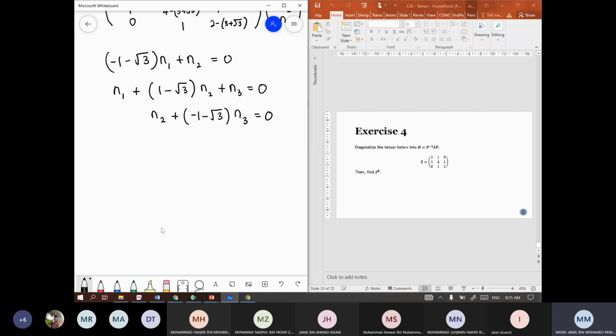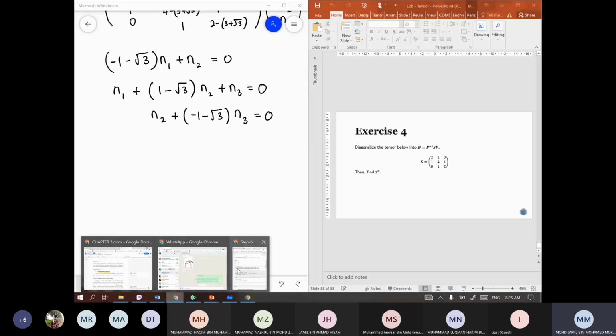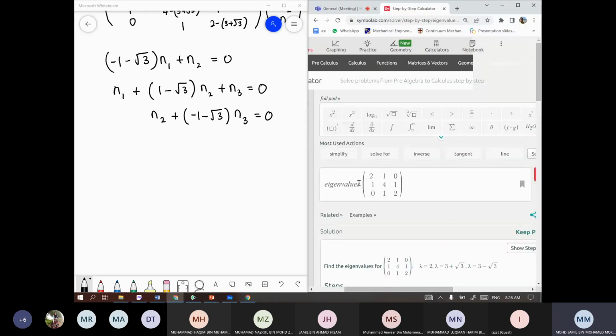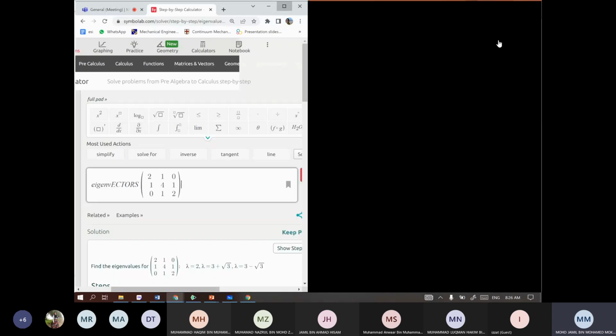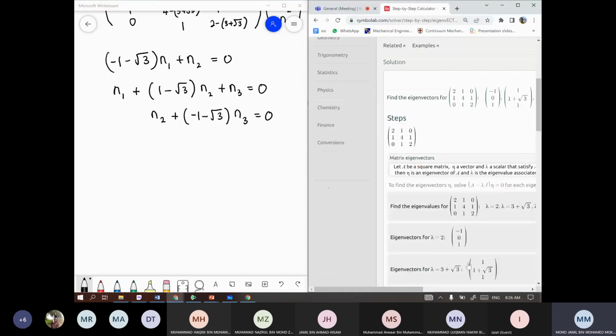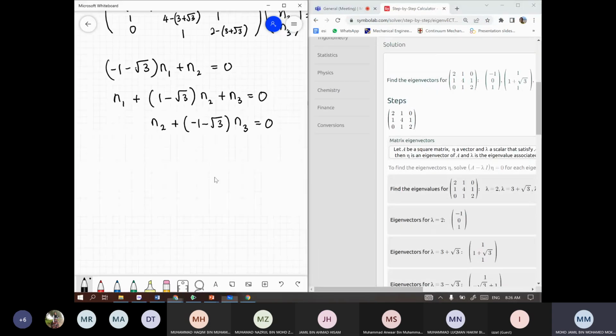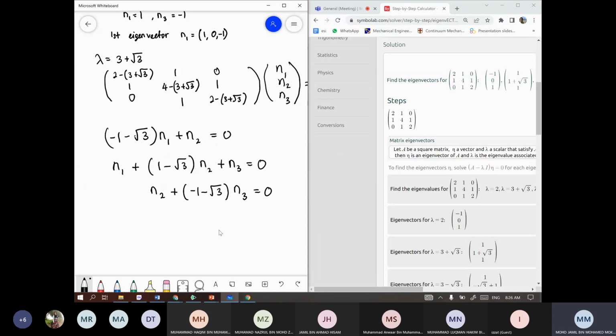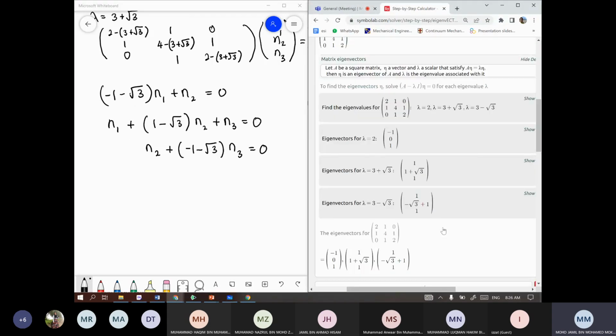Okay, we use Symbolab. Okay, so this is the first eigenvector that we get.